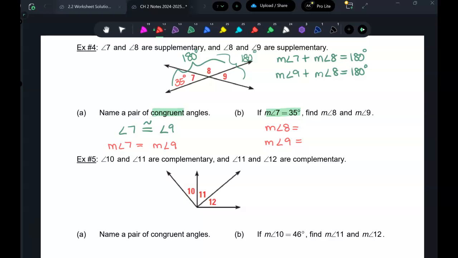So the measure of angle 8 is going to be 145. Perfect. So remember, in the last example, we just said 7 and 9 are the same. So 7 and 9 are both going to be 35. Okay, and angle 8 is supplementary to that.